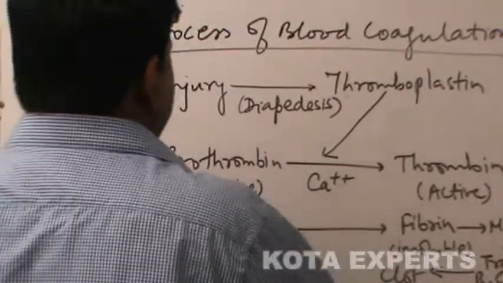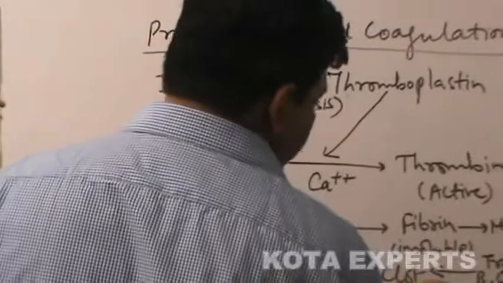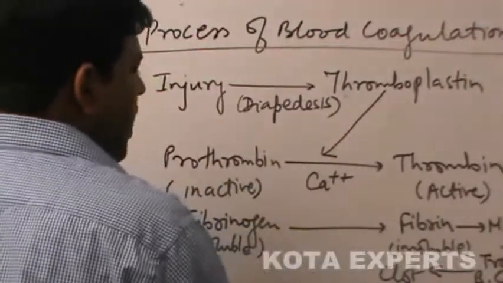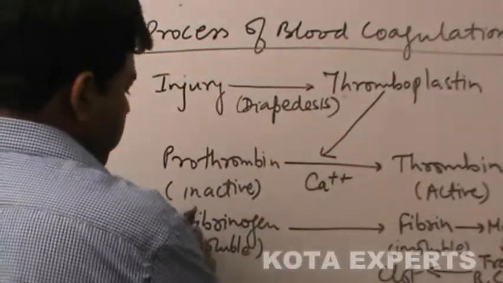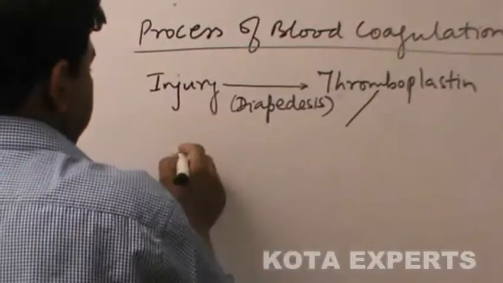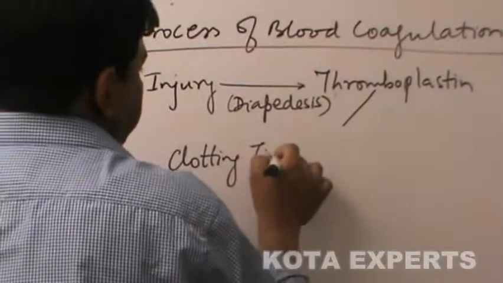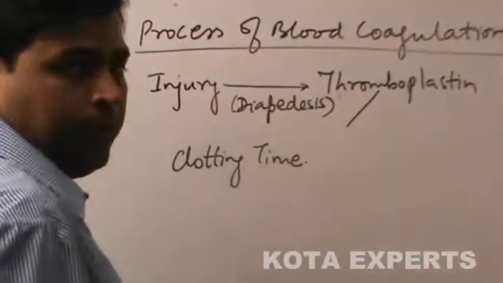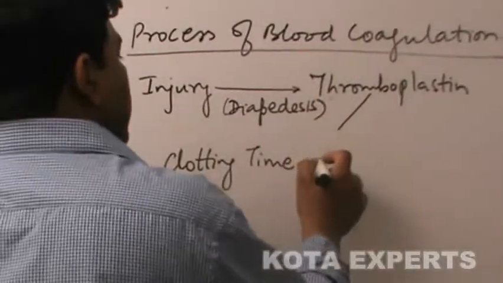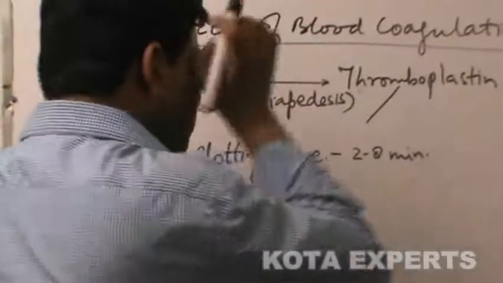This time from injury to formation of the clot is known as clotting time. This clotting time can vary from 2 to 8 minutes.